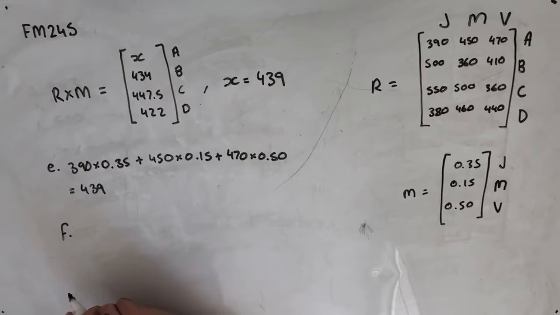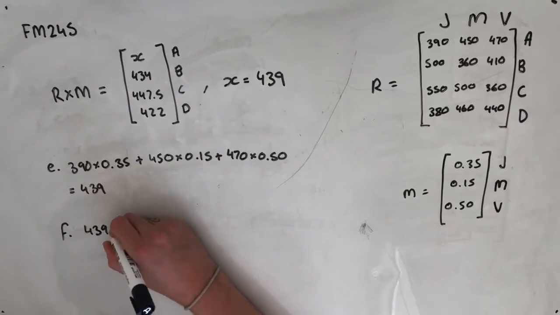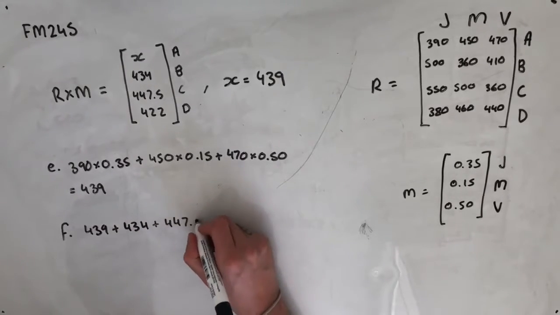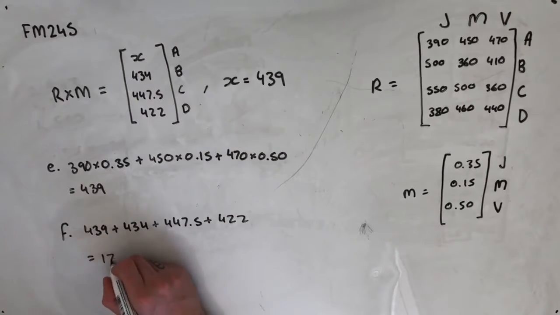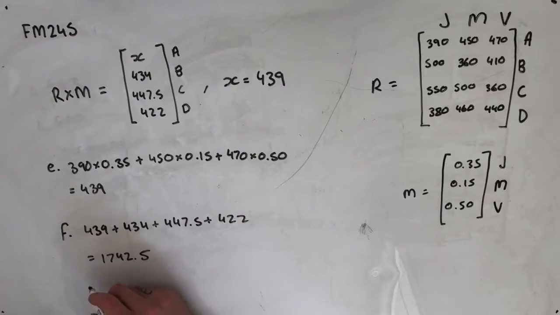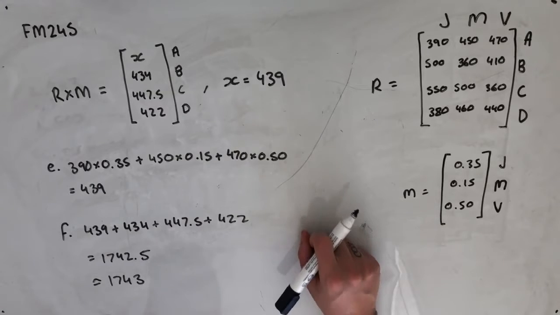So in order to figure out the total number that are happy with their names, we simply sum all of the elements from this matrix product. So what we get is 439 plus 434 plus 447.5 plus 422, which would equal 1,742.5. However, now we have to round this to the nearest whole person. So our answer is going to be 1,743 Jans, Michaels, and Vincents are happy with their names.